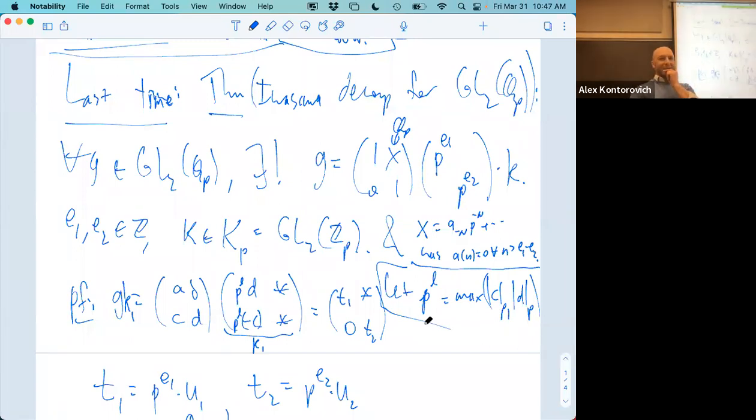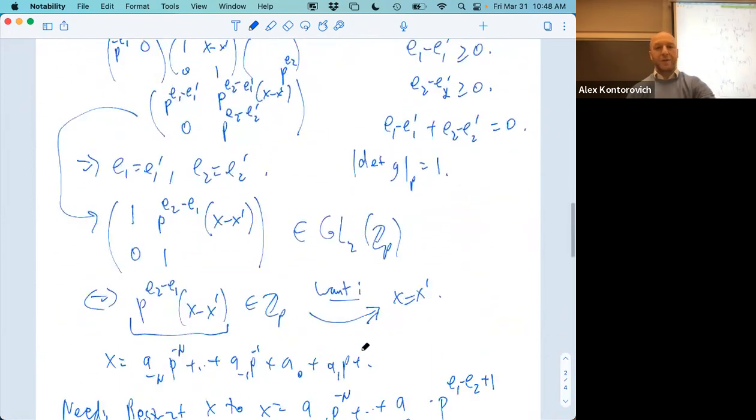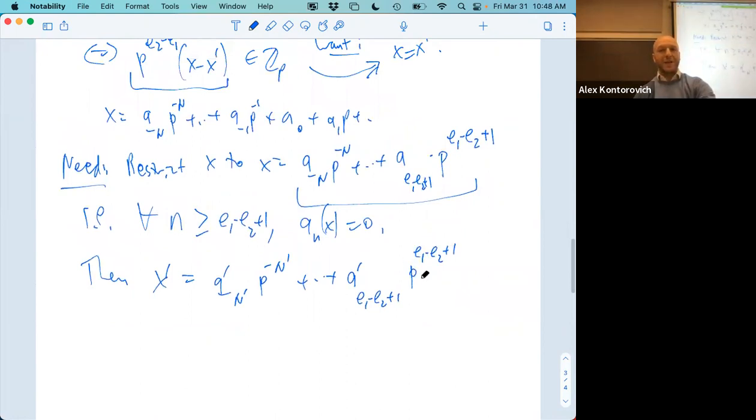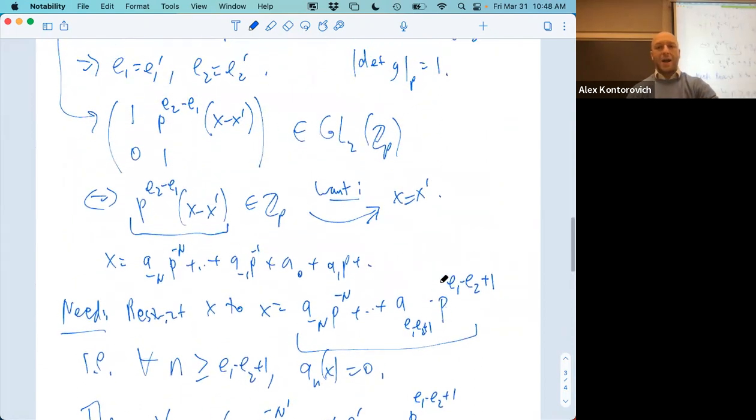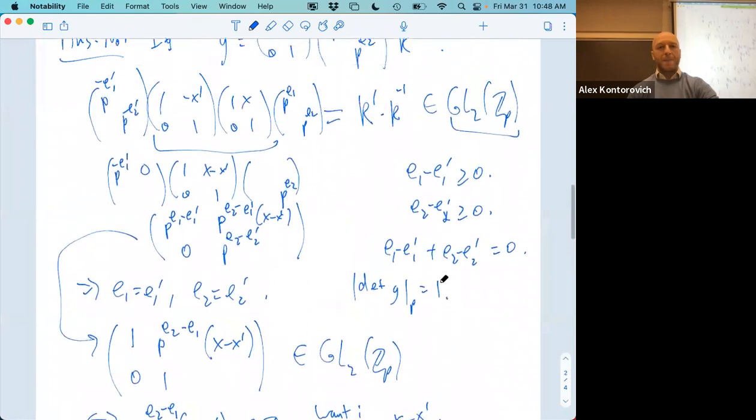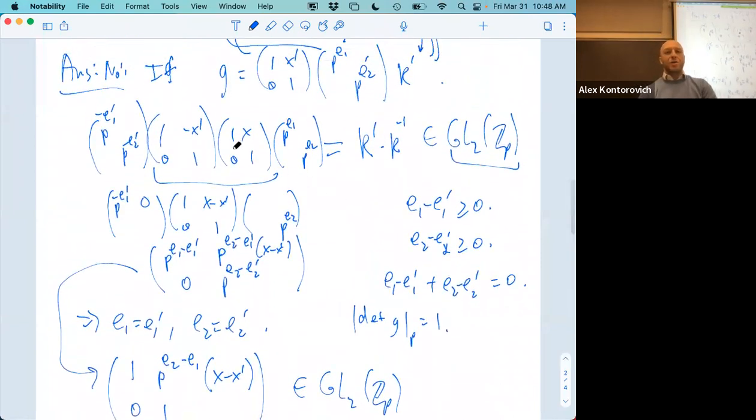How can we? Well, does X prime go up to E2 minus E1 then? X prime goes up to the same thing as X, so it has to stop at the same place. E1 minus E2 plus 1. If we had done this on the other side, we would have ended up with E1 minus E2, X prime minus X, or determining that matrix, if we move things to the right side and then our K on the left side instead.